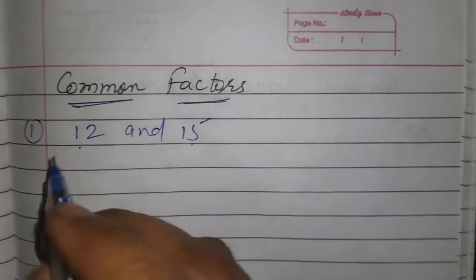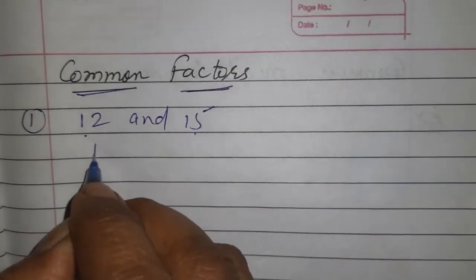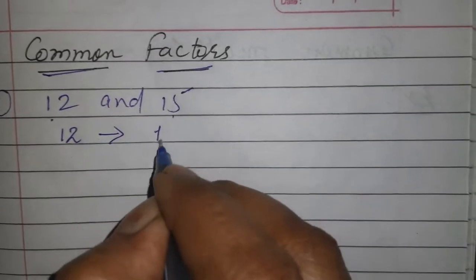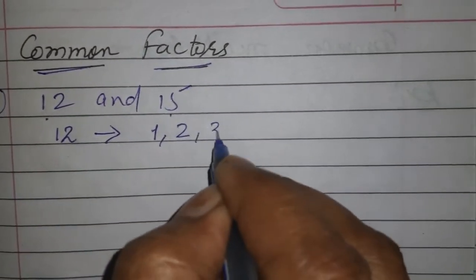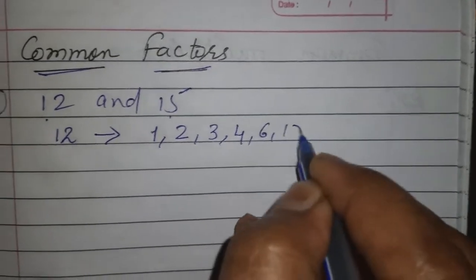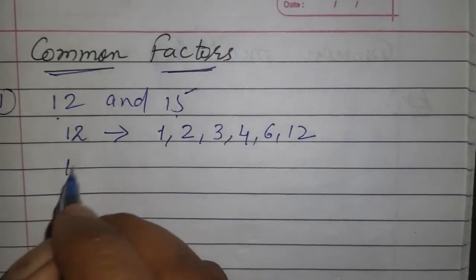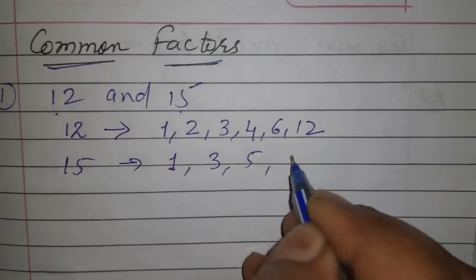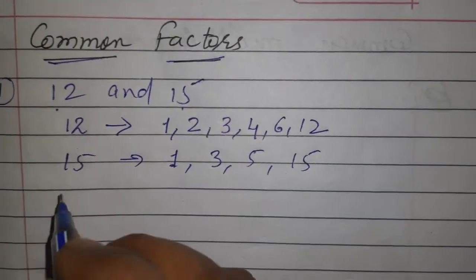To find this, first write all the factors of 12. When you find, it will be 1, 2, 3, 4, 6 and 12. What are the factors of 15? 1, 3, 5, 15. Okay. Now common factors.